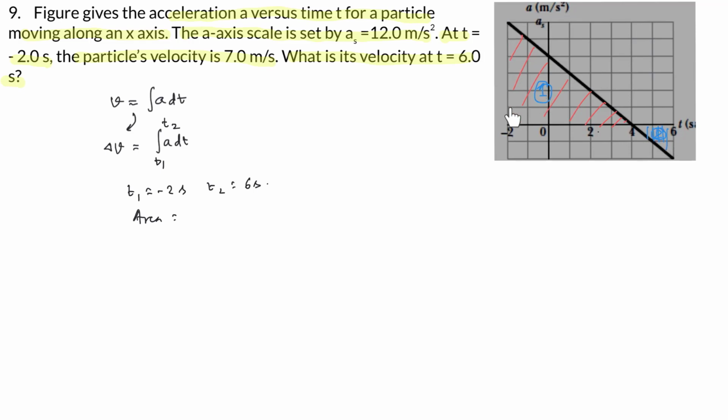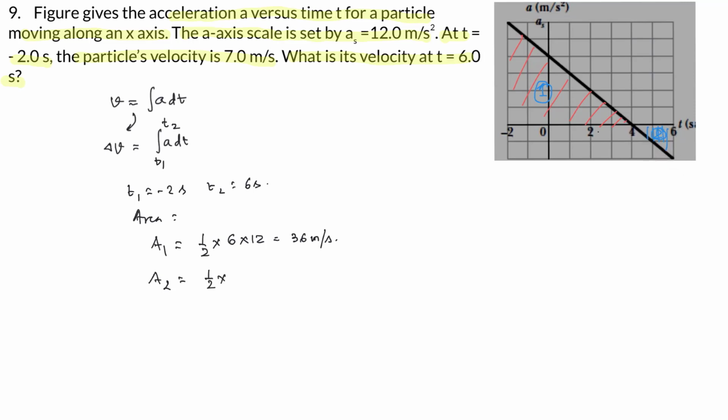Area 1 is that of a triangle. Half into base, which is -2 plus 4, that is 6, into 12 as given. So this is 36 meter per second. The unit will be that of velocity. And area 2 is also a triangle.